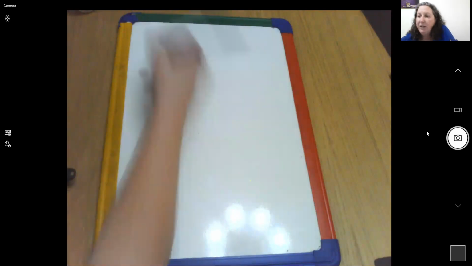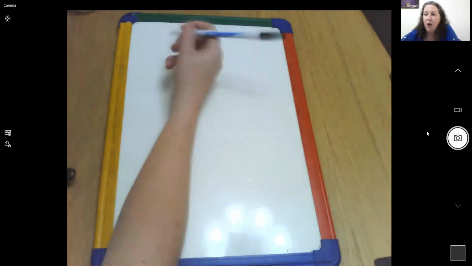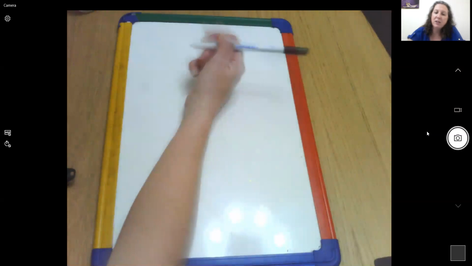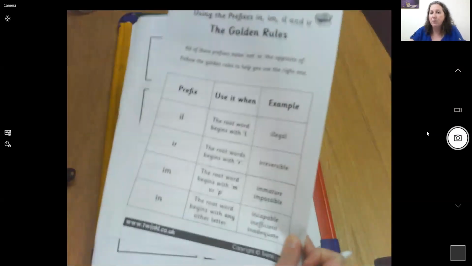Okay, so I selected that first word, which I said was legible. And we know that that meant that it was clear or it could be read. So I am then going to select, using my golden rule, the correct prefix to add to that word. Because it starts with an L, I'm going to add IL to the beginning so it becomes illegible.